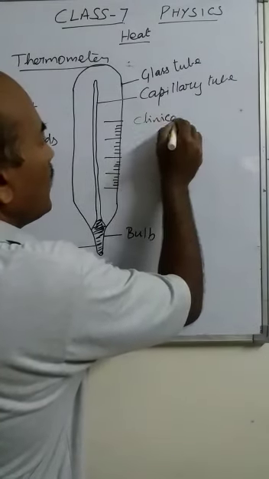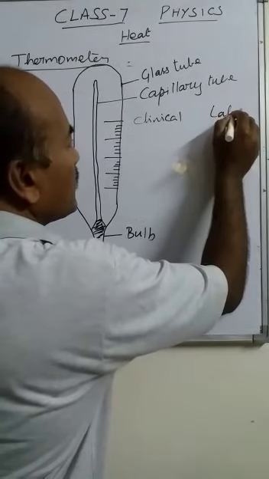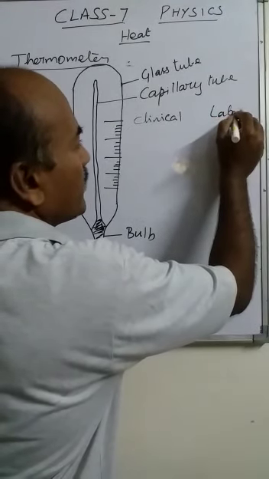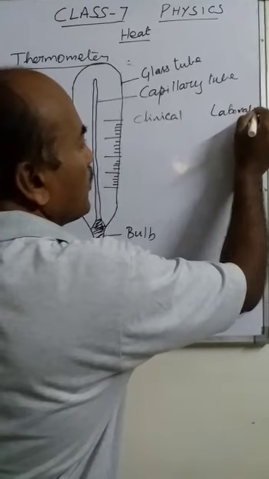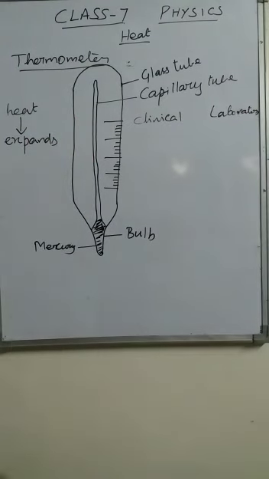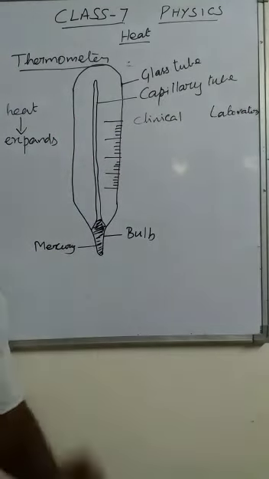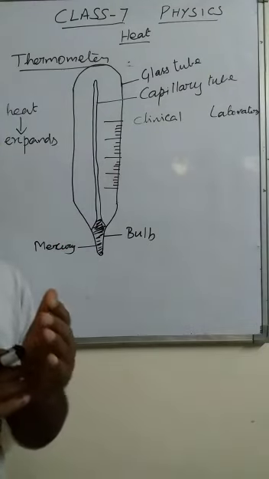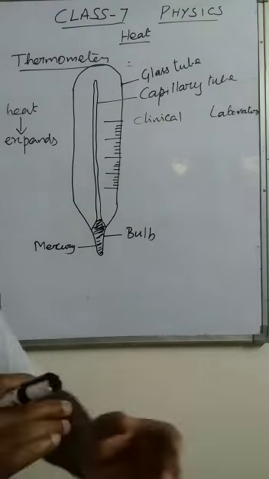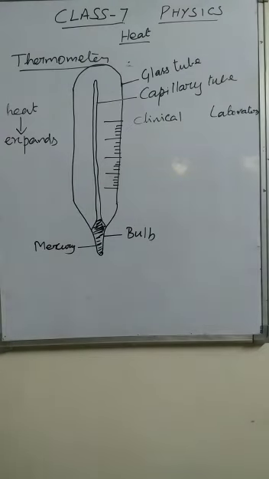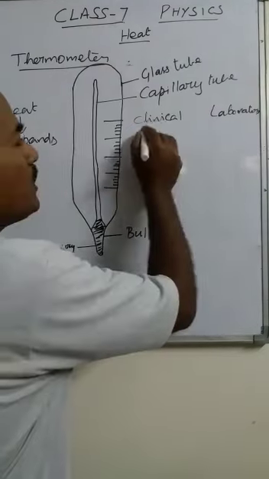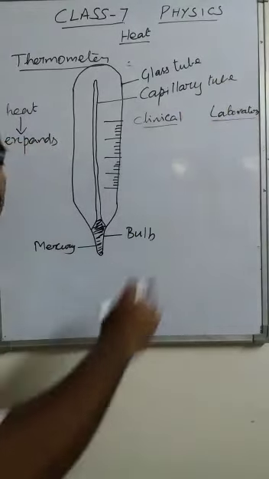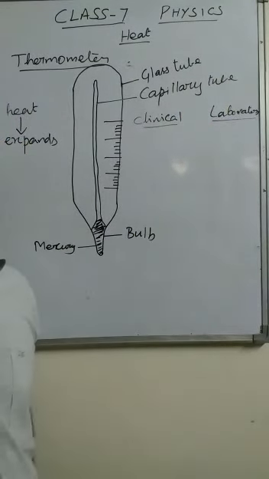Another one is the laboratory thermometer. Clinical, from the word we can find, is the thermometer used by doctors to measure the temperature of the human body. The laboratory thermometer can be used to measure the temperature of any object. Then how are they made?